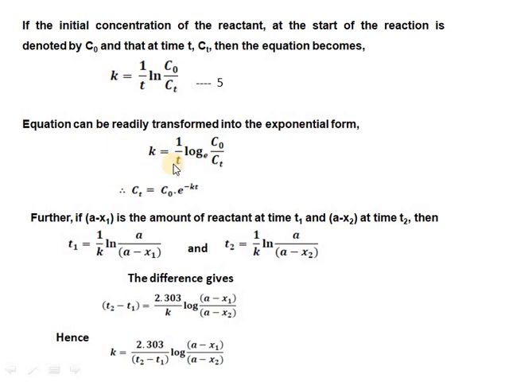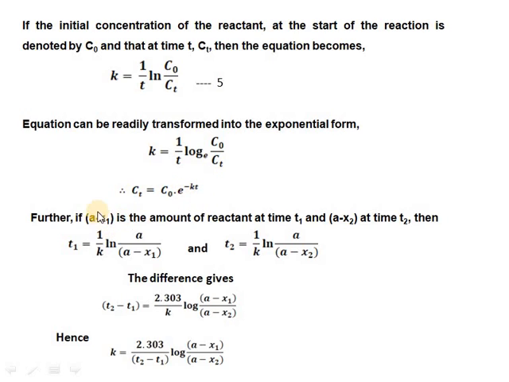This equation can be transformed into exponential form: k is equal to 1 upon t into ln C0 by Ct, then Ct is equal to C0 into e raised to minus kt.